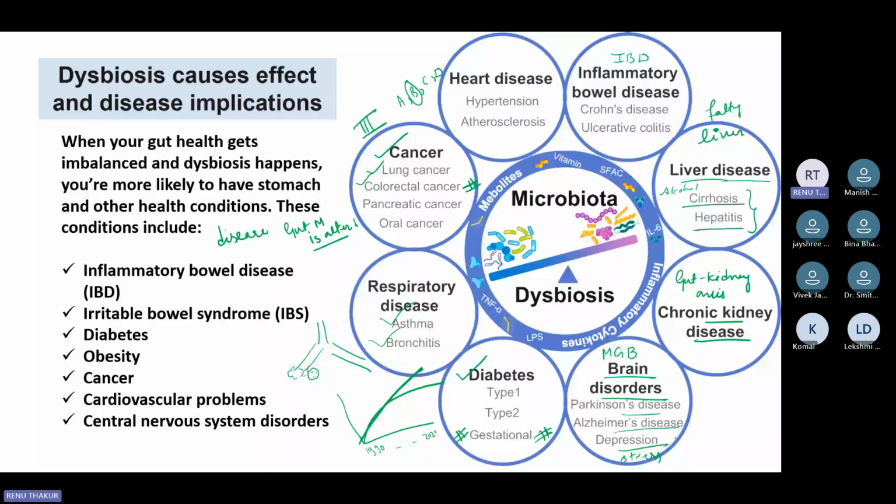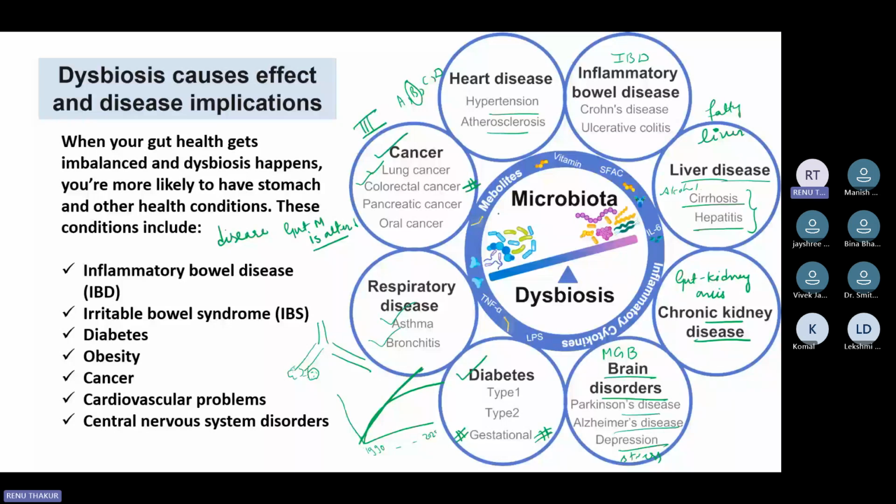And heart diseases also, atherosclerosis, the choked arteries of your heart, and also hypertension. If you have a good amount of microorganisms in your gut, they will lead to the production of metabolites.